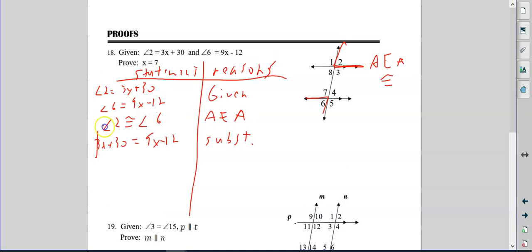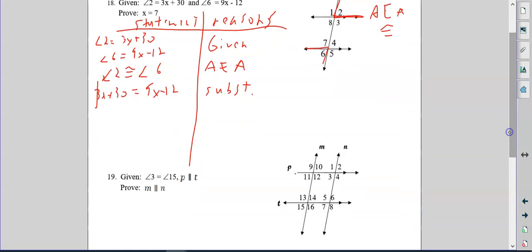So I'm going to subtract 3x, and I'm going to say subtraction property. And that gives me 30 equals 9x minus 3x, which is 6x, minus 12.